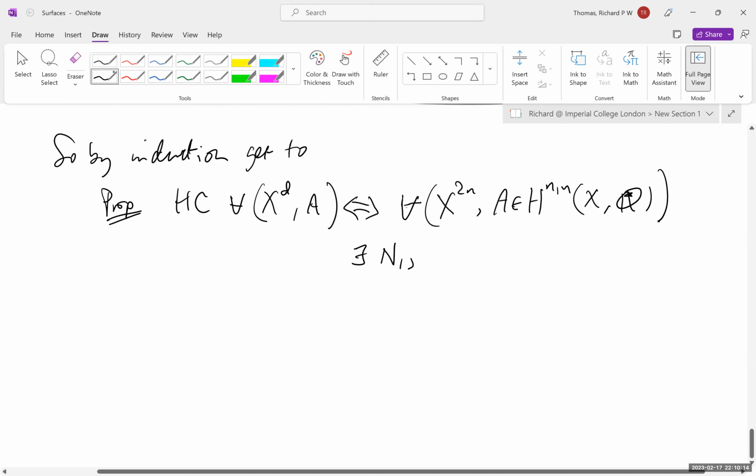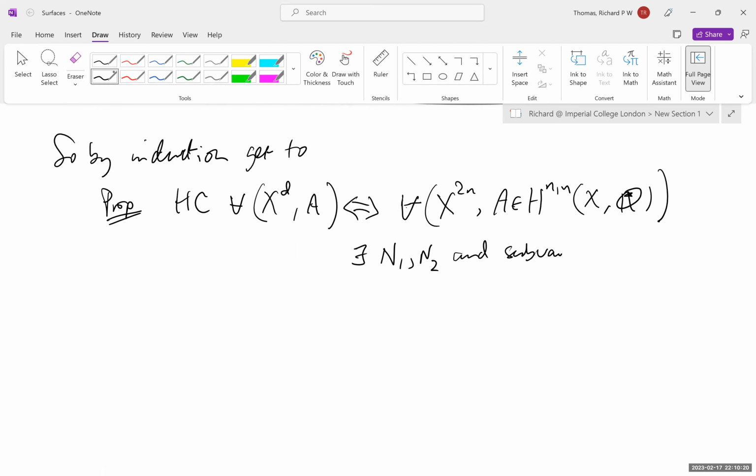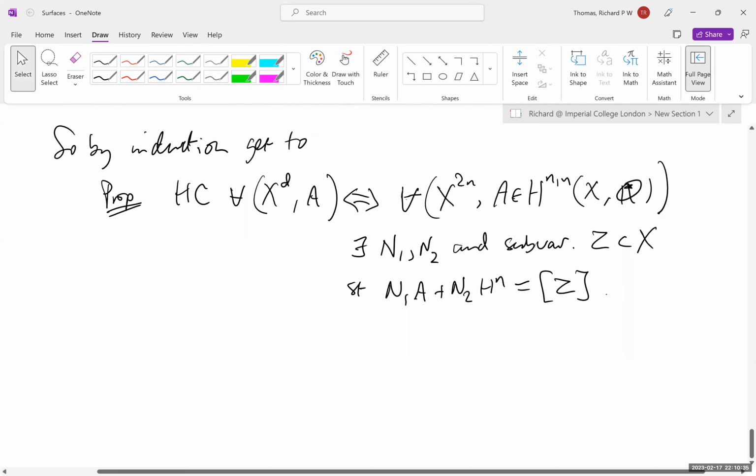And what do we have to prove for those? We have to prove there's an n1 and n2 and a subvariety such that our class is that subvariety up to adding appropriate powers of the hyperplane class.